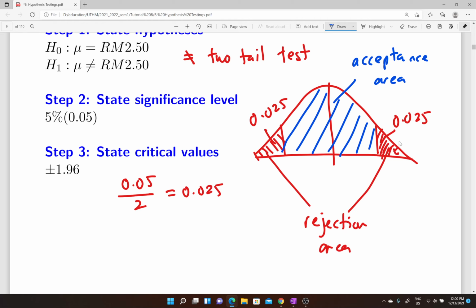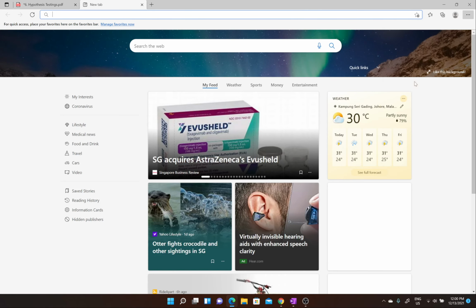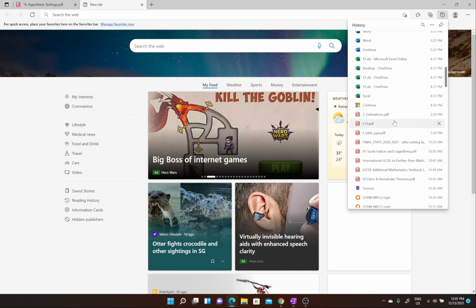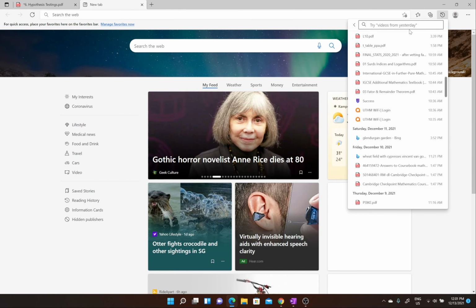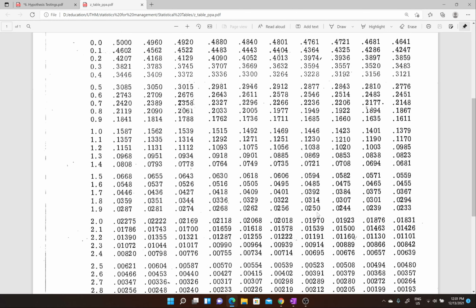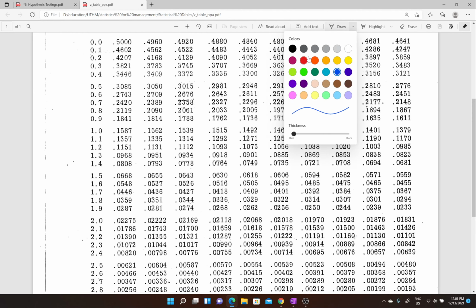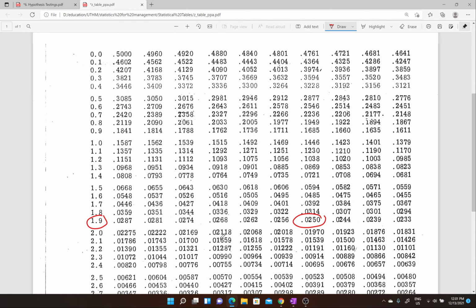Now for 0.05, what is the critical value? If you see from the reverse process, it is 1.96.